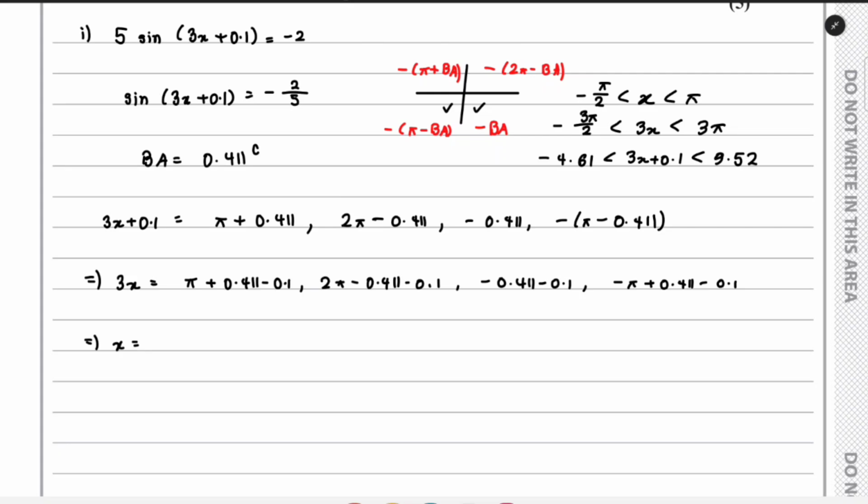So if we calculate that, pi plus 0.311 by 3, 2 pi minus 0.511 by 3, minus 0.511 by 3, minus pi plus 0.311 by 3.